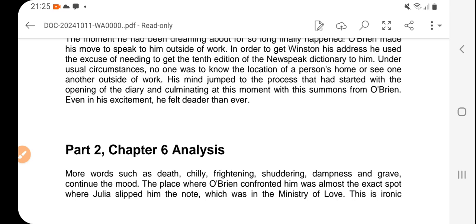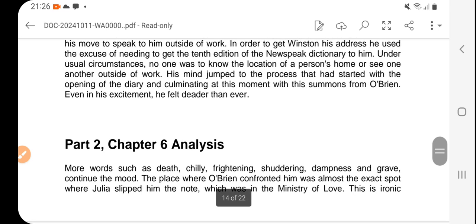Under usual circumstances, no one was to know the location of a person's home or see one another outside of work.